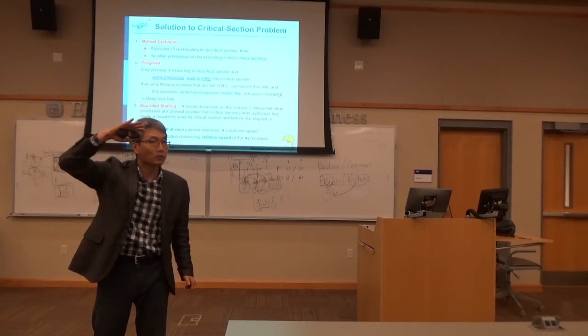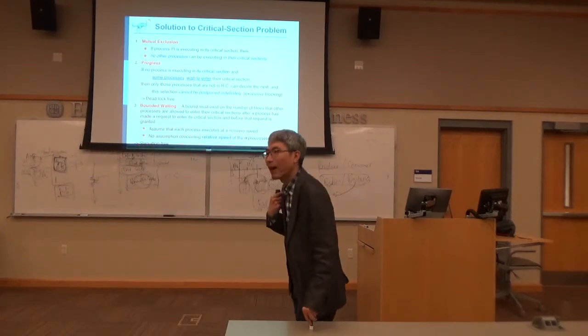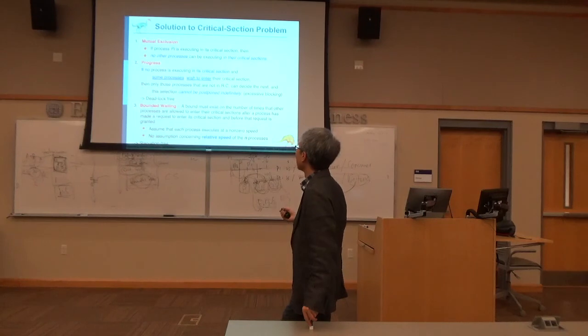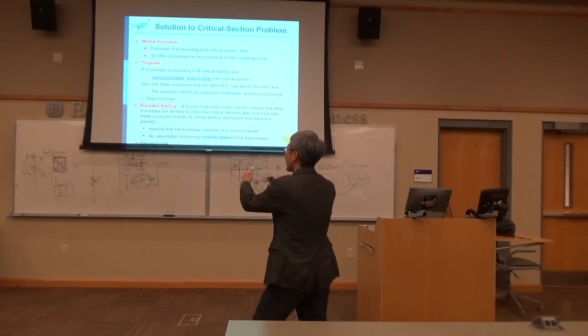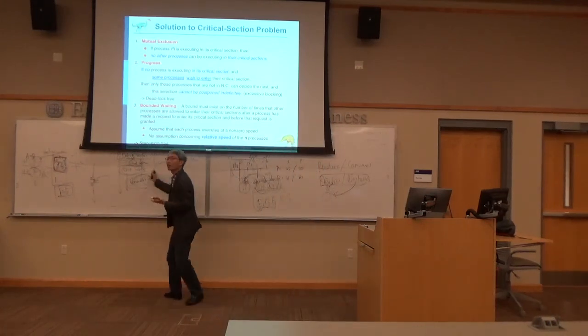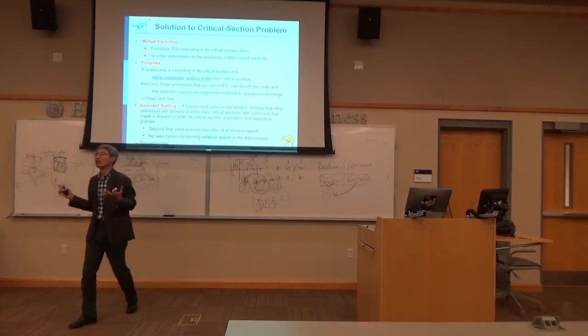In my experience, it's not easy to understand progress and bounded waiting from the definition. Instead, think about this: deadlock free or starvation free. This algorithm should be deadlock free. What is a deadlock?